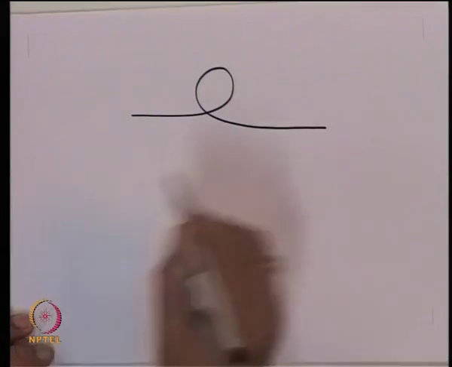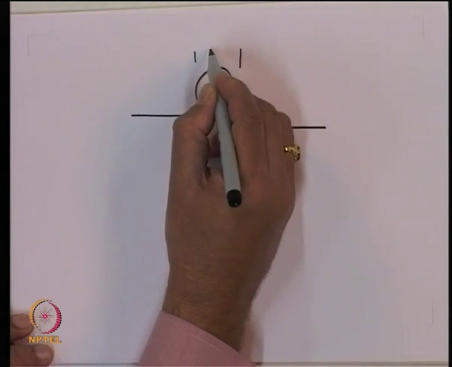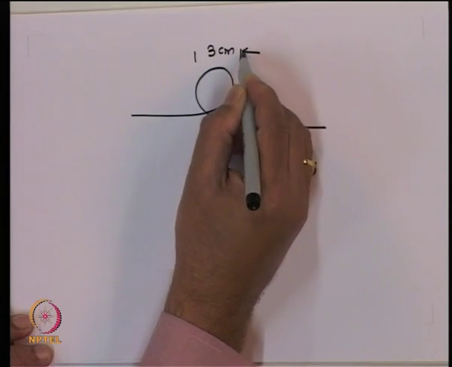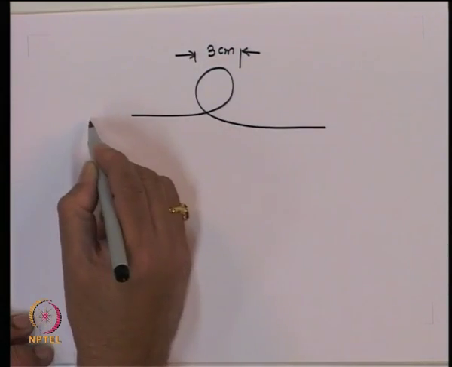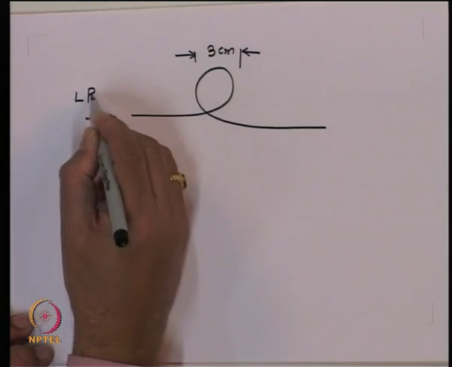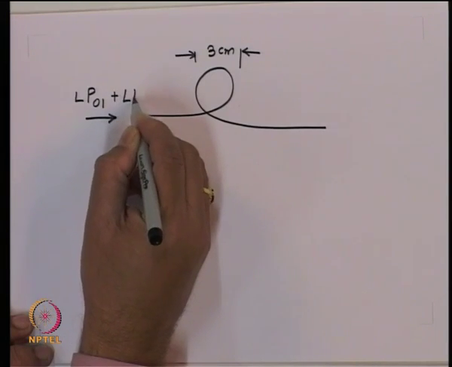Now, let there be a loop formed in this fiber. This fiber loop is of the order of about, let us say, 3 centimeter. The light is launched inside this, which launches the LP01 plus LP11 mode.